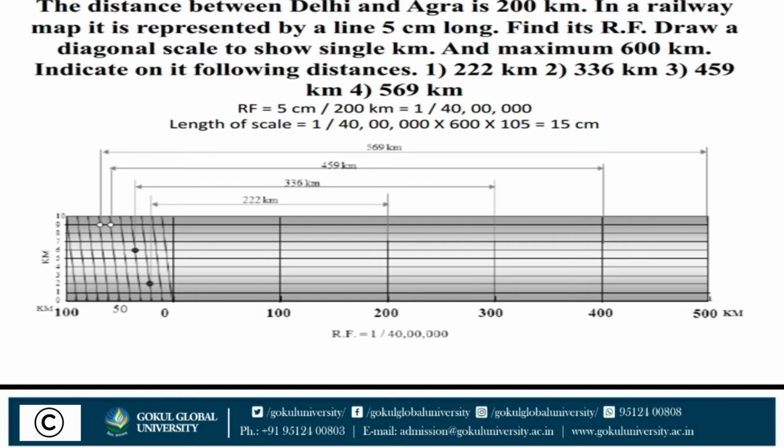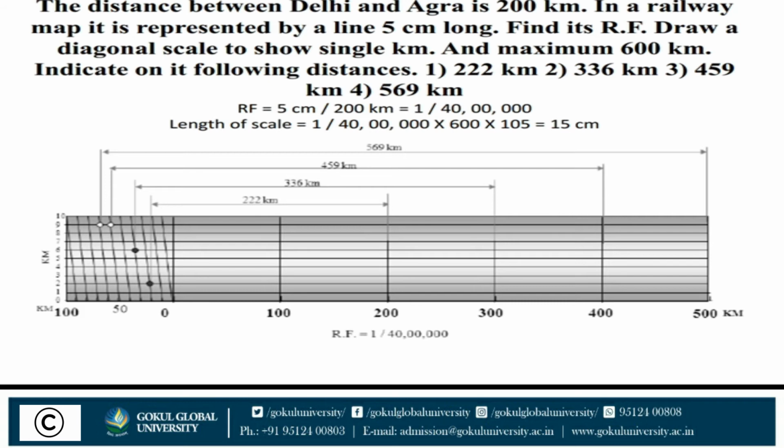Indicate on it the following distances: 222 kilometers, 336 kilometers, 459 kilometers, and the fourth one 69 kilometers. Now RF is equal to 5 upon 200 kilometers, which is 1 upon 40 lakh.